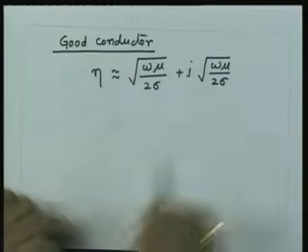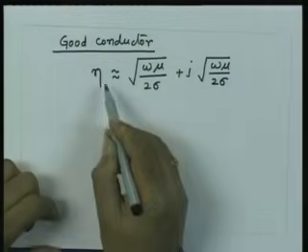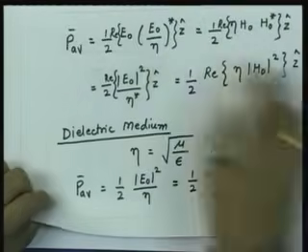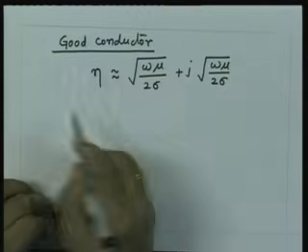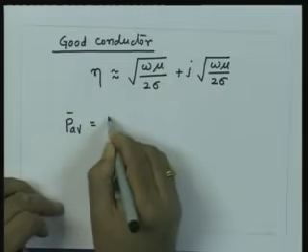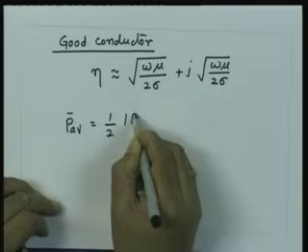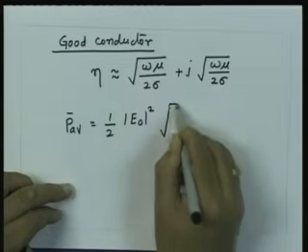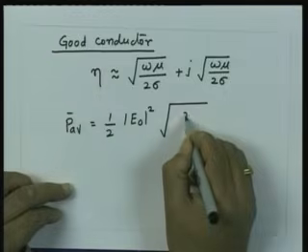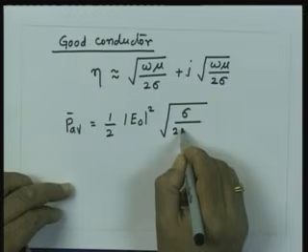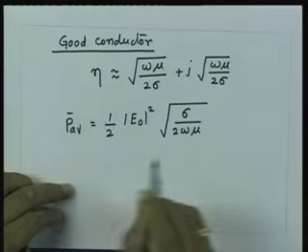This we have already seen. If I substitute this intrinsic impedance in this expression, I can get the average power density, equal to half mod E naught square times square root of sigma upon 2 omega mu.